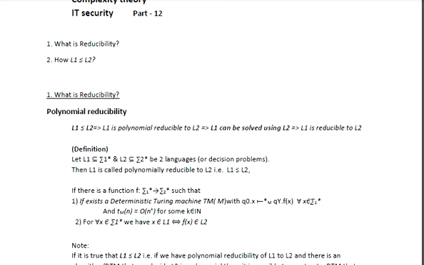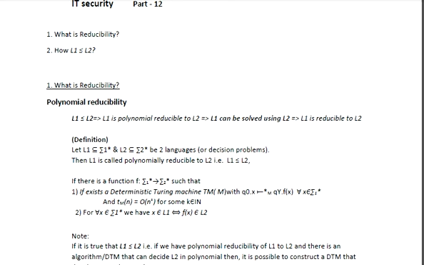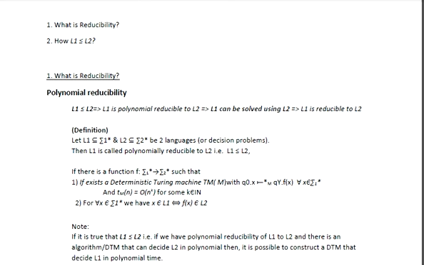Now L1 is called polynomially reducible to L2 if there is a function that maps the input sigma 1 star, which is the input from a machine, to another machine's input sigma 2 star, such that there exists a deterministic Turing machine Tm with initial state of x input.